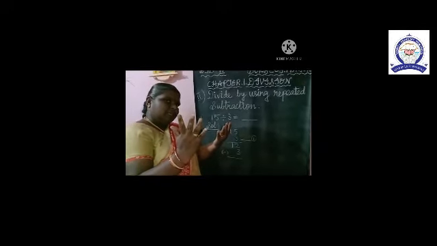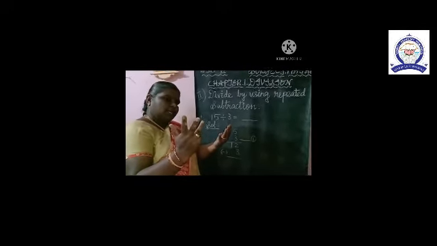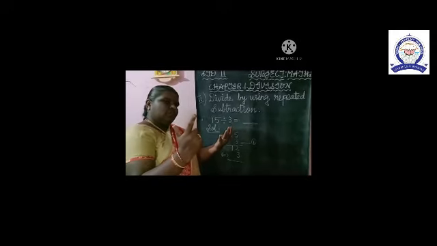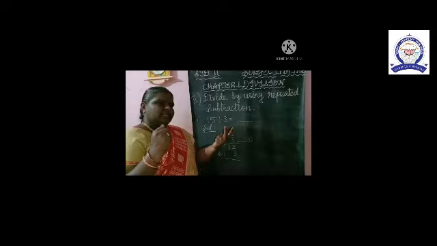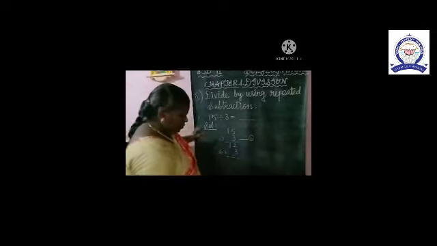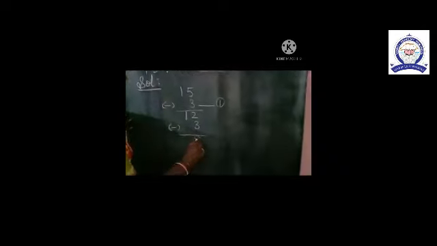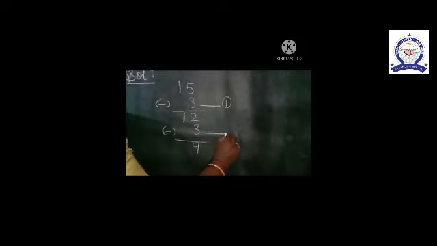How many fingers do you count? 1, 2, 3, 4, 5, 6, 7, 8, 9. So you write 9. This is the second time.